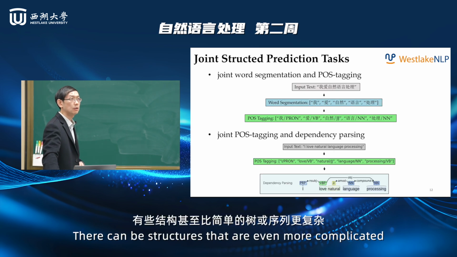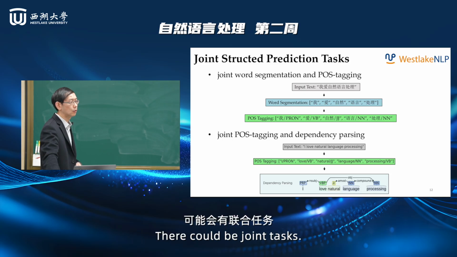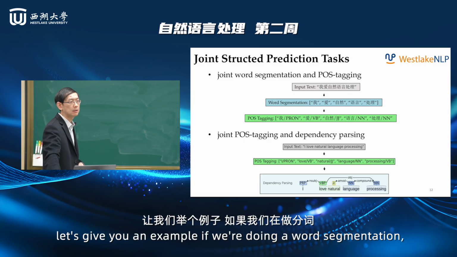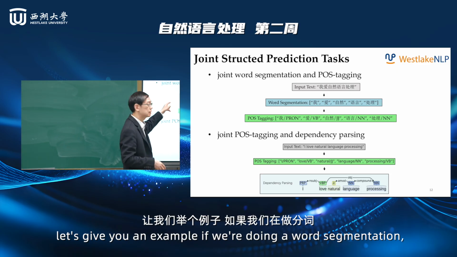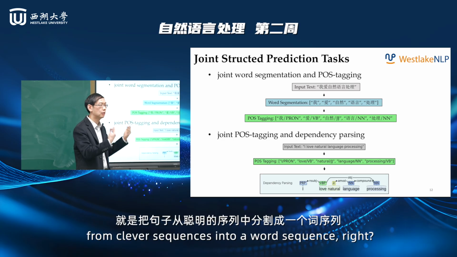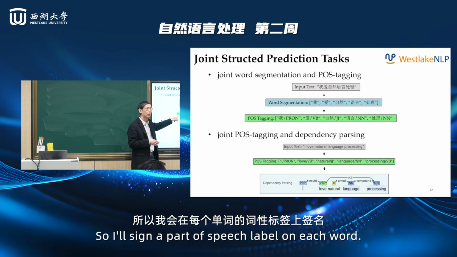There can be structures that are even more complicated than simple trees or sequences. There could be joint tasks. I'll give you an example. If you're doing word segmentation, which is to chunk the sentence from a character sequence into a word sequence, and then you want to perform part of speech tagging, so you assign a part of speech label on each word.